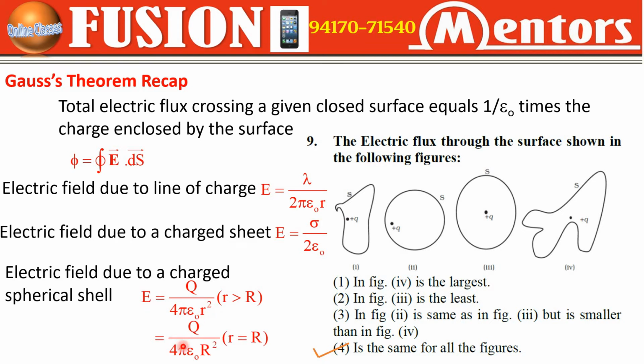Second, if the observation point lies on the surface of the sphere, then r became equal to the radius of the sphere, capital R square here. And if you go inside the sphere, the charge enclosed was 0. On applying Gauss's theorem, we got electric field inside the sphere equal to 0. So before we proceed further, please note down these points.